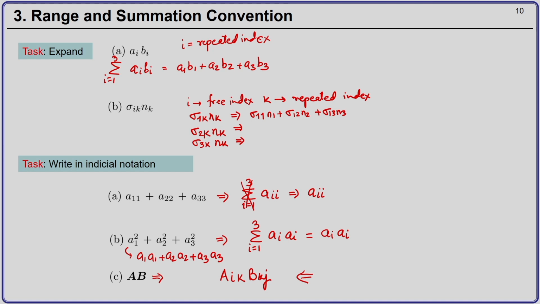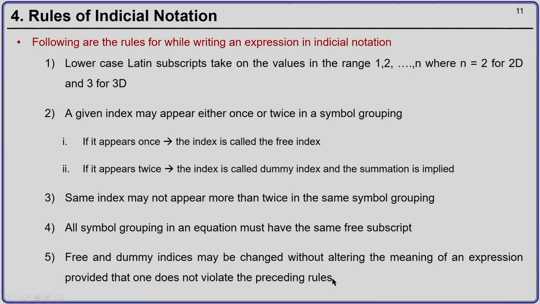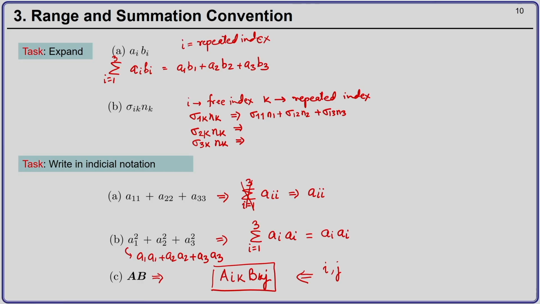You will have 3 expressions, and you should be able to compress them using the range and summation convention into what I have written here, A_ik B_kj. Okay. So, this expression has 2 free indices which are i and j, and there is one repeated index which is k. Okay.